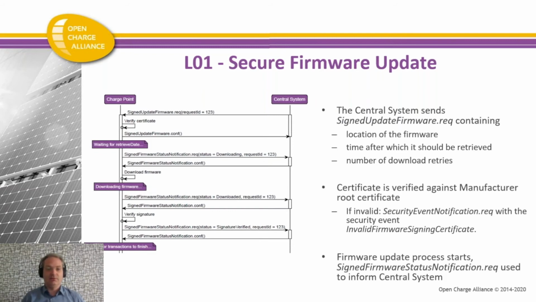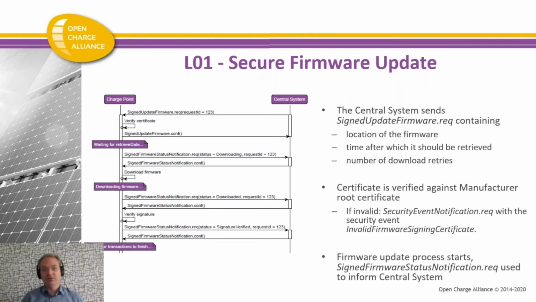Once you have confirmed that the certificate itself is valid, the next step is that you have to start downloading the firmware. There are signed firmware status notification messages to inform the central system of the progress of the firmware update. You start off by saying to the central system that you're downloading it.